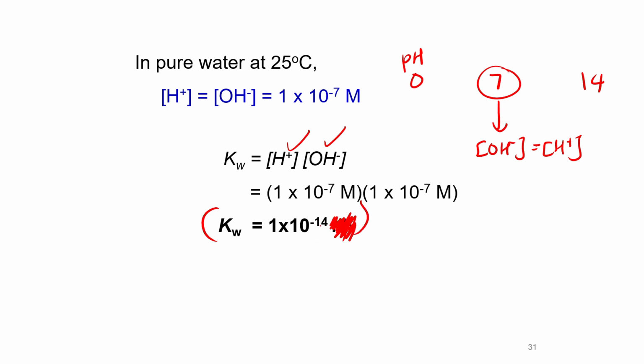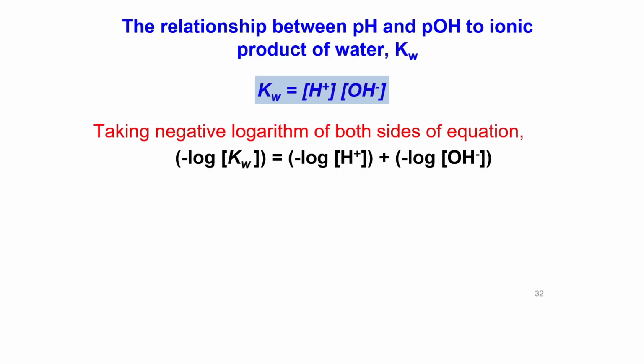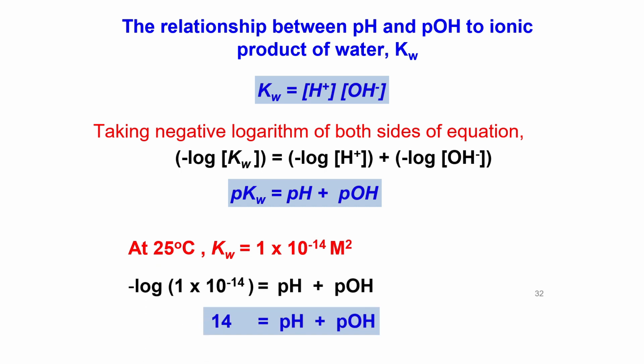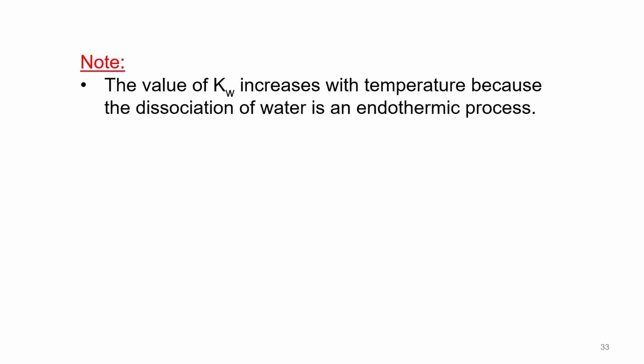Actually the negative 14 is the same as the pH scale 14. So this one is the relation between pH, pOH and Kw. Kw from the expression equals concentration H plus times concentration OH minus, take negative log on both sides. So we get pKw equals pH plus pOH. Then we know Kw is the product of H plus and OH minus, so we get this relation. These three we have to remember because we will use them in calculations. So the value of Kw depends on temperature.